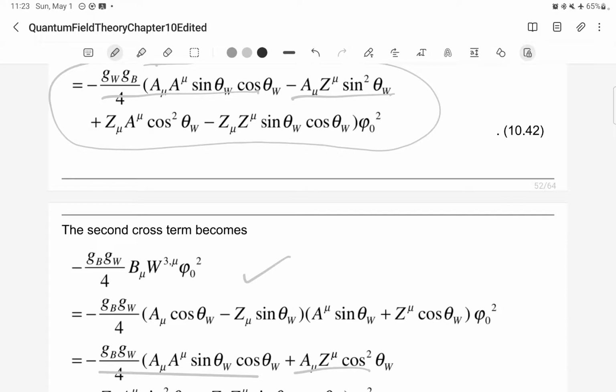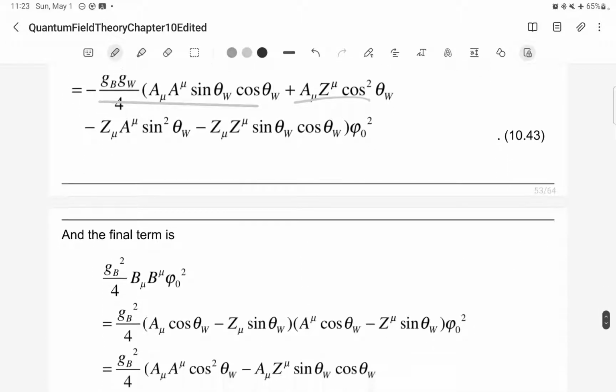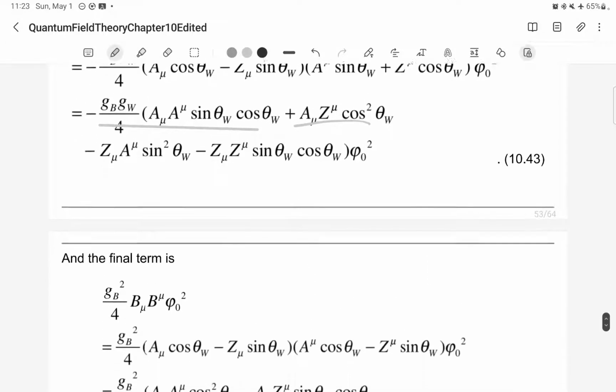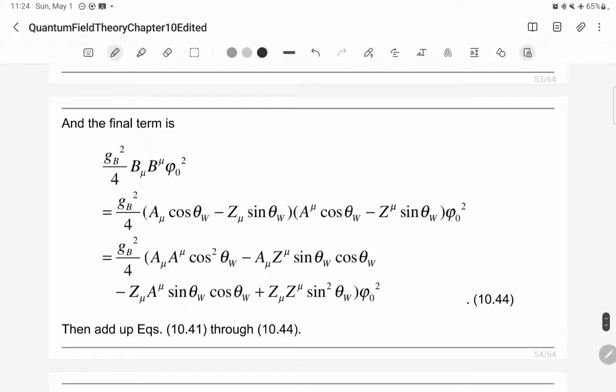What else is negative? No, they add up, so they add up in this case. So anyway, the final term would be this one, and so you will have these terms.